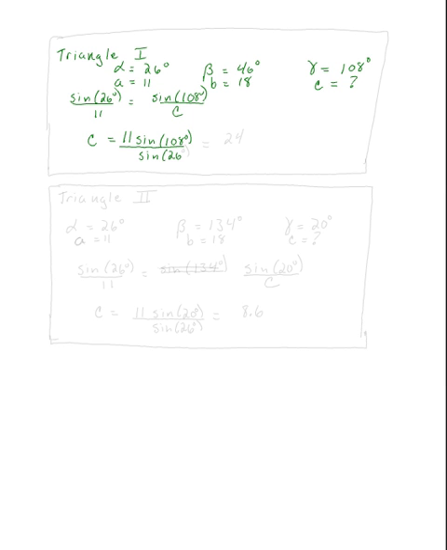And when I get done pushing my buttons, I'll find that C is equal to 24. Okay, so that's one triangle.